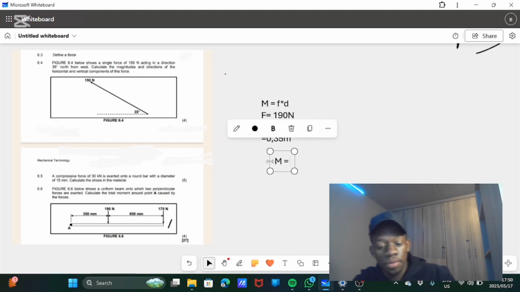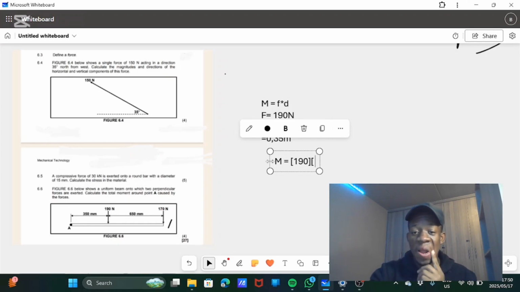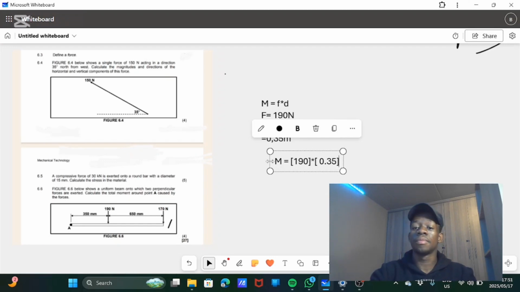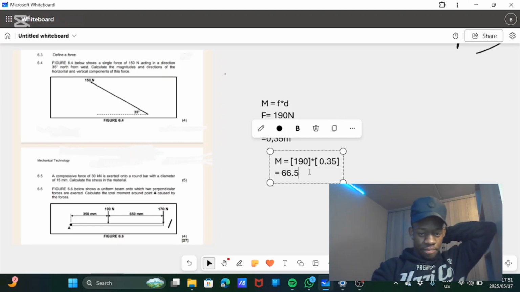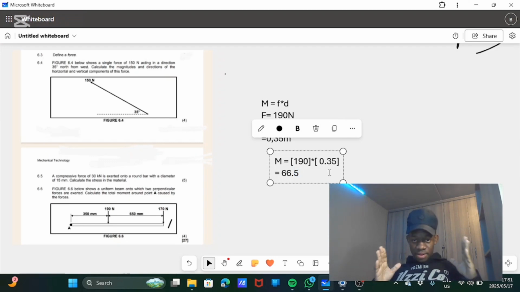M is equal to 190 times 0.35. M is equal to 66.5.